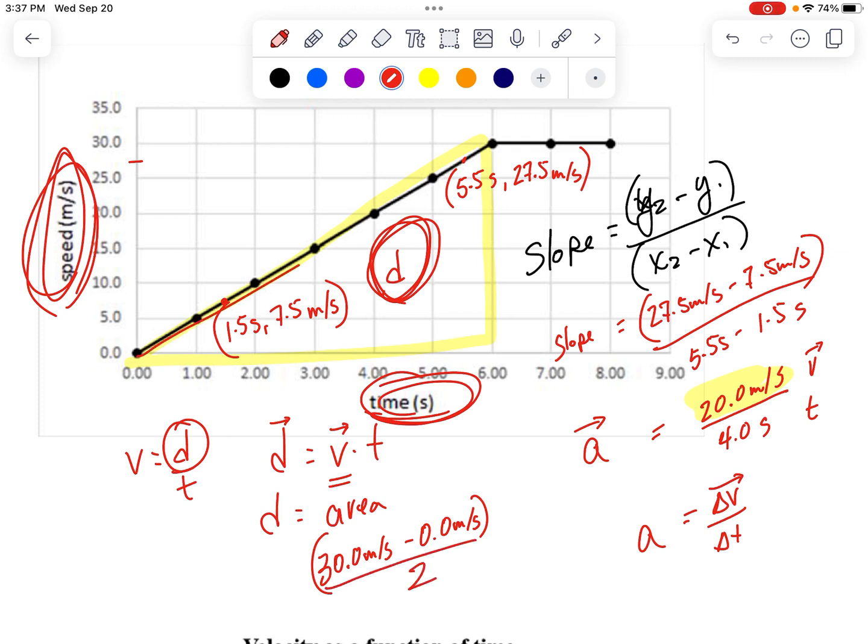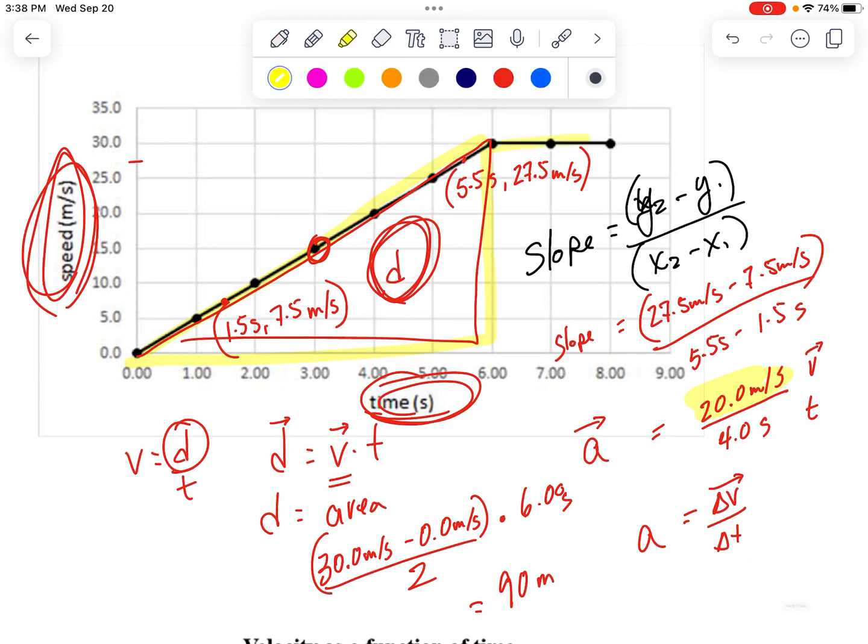Because that's going to give us this triangular shape, and it's the average speed. So it's this average speed times the time of 6.00 seconds. So I'm going to get 30 divided by 2 times 6, and this gives me 90 meters. So the object has traveled 90 meters in that first 6 seconds.